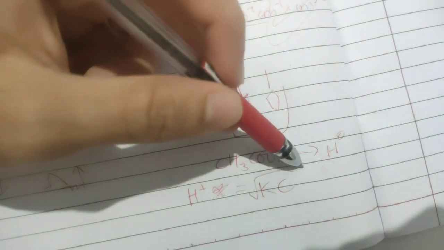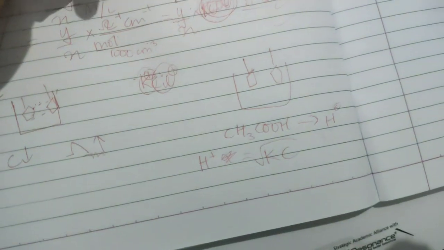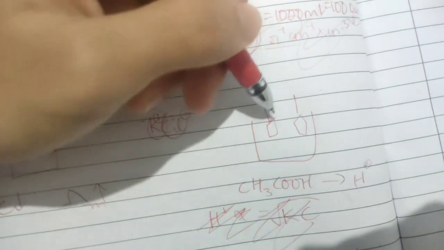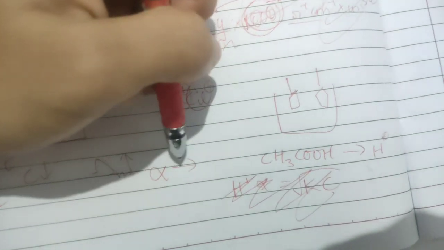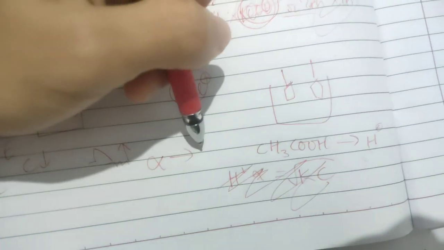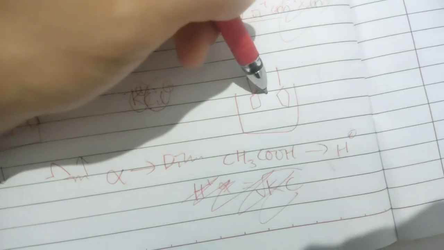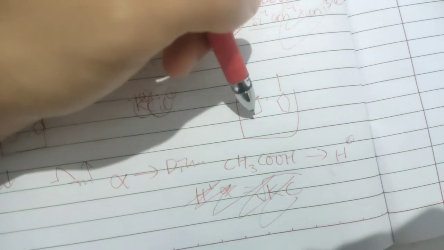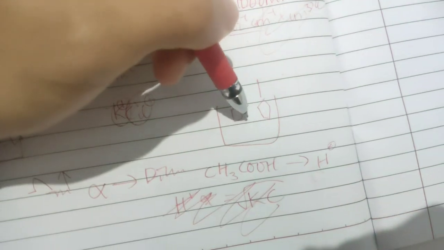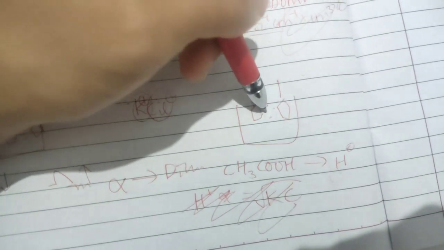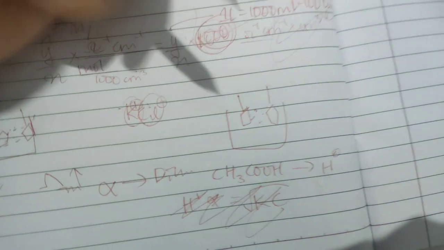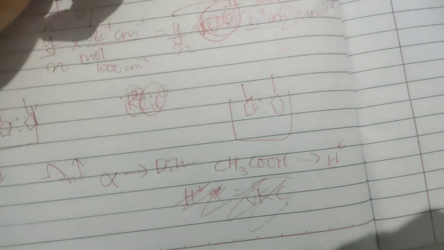Forget this. The thing is alpha, the degree of dissociation. This thing increases on dilution. So when you dilute this solution of CH3COOH, you're essentially increasing the number of charge carriers. So of course your conductivity should increase.